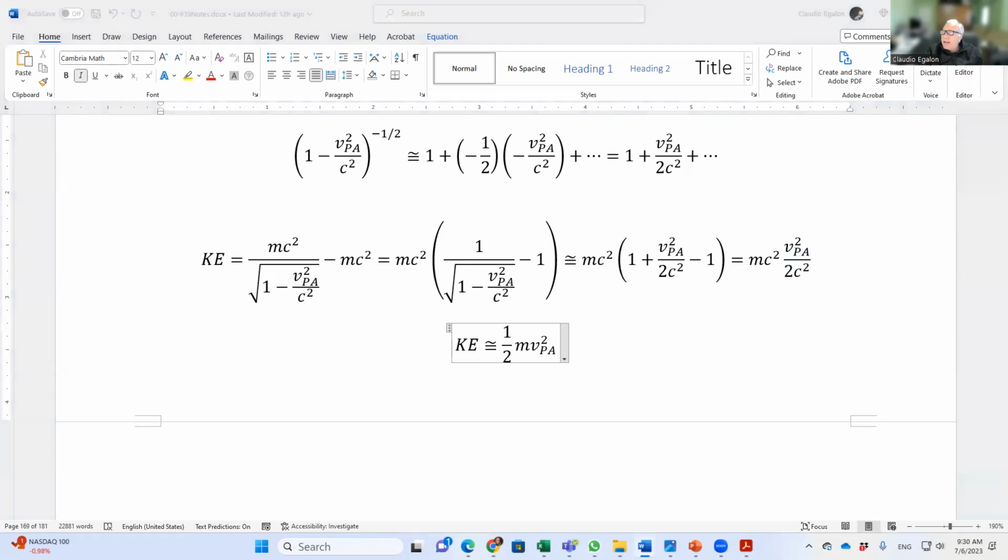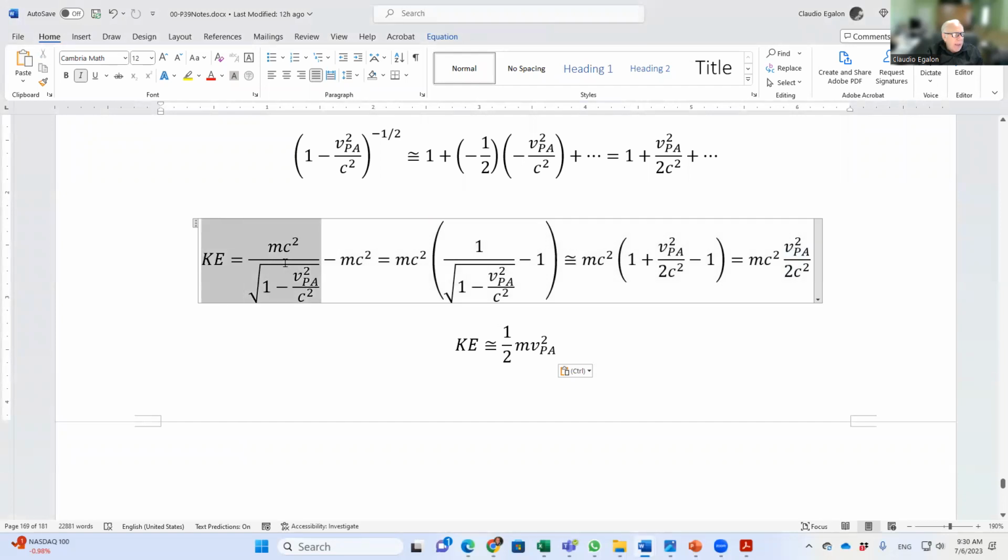So that's the nice result that we can get from relativity. Now, what else? Going back to what we had before, that's the exact equation for the kinetic energy.